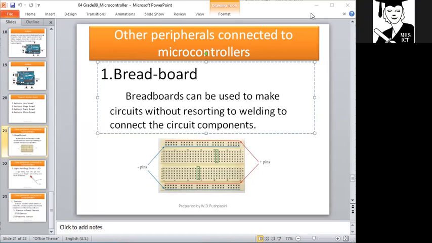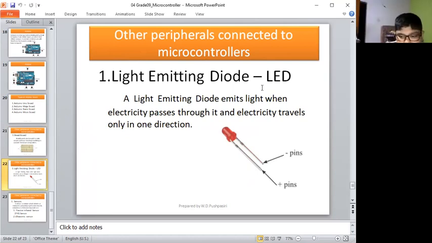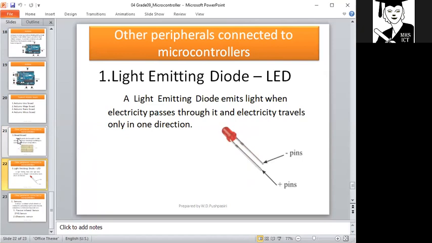We are talking about the peripheral devices that can be connected to the microcontroller. So one thing is the breadboard, the other one is lights, sensors, right? That is called LED.